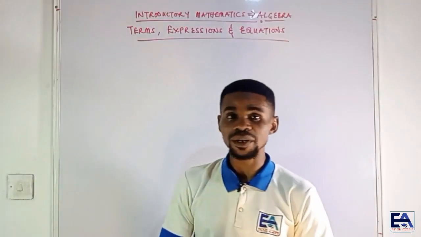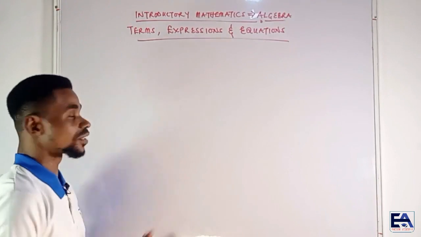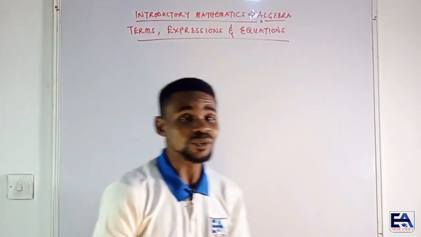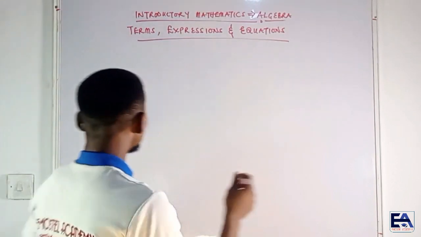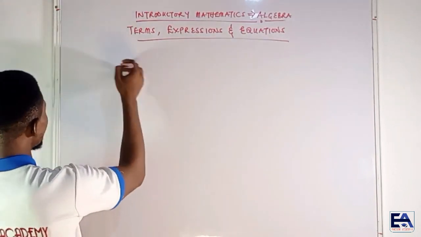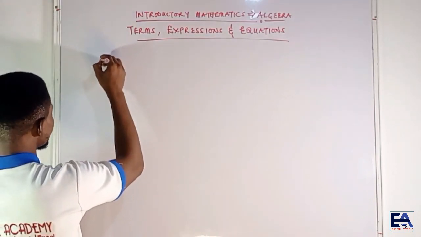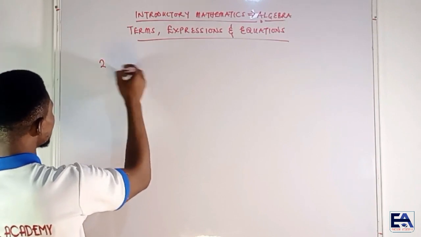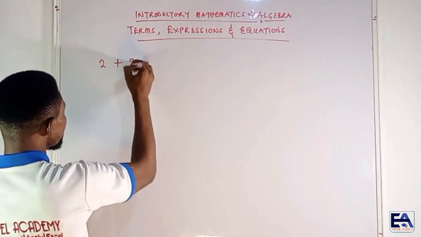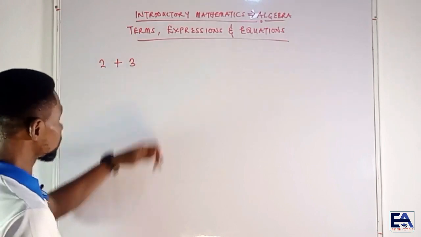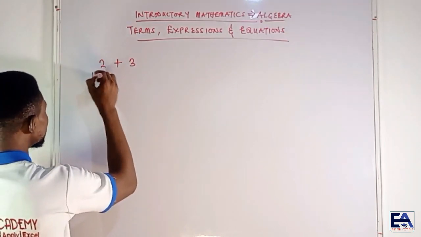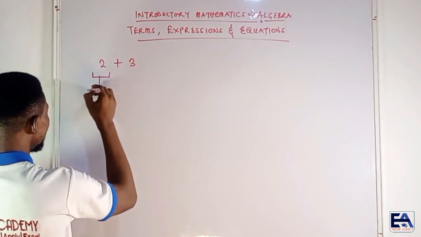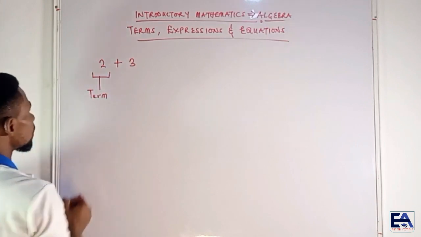Today in algebra, we are going to be dealing with terms, expressions, and equations. Okay, so now you must be familiar with stuff like 2 plus 3. When you have something like 2 plus 3, this 2 on its own is a term, all right?